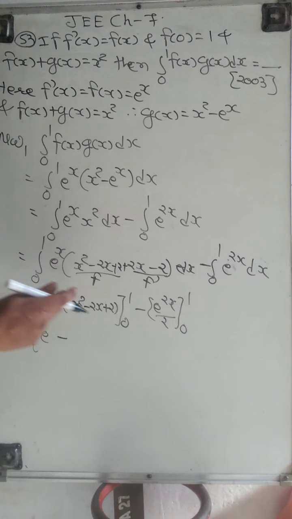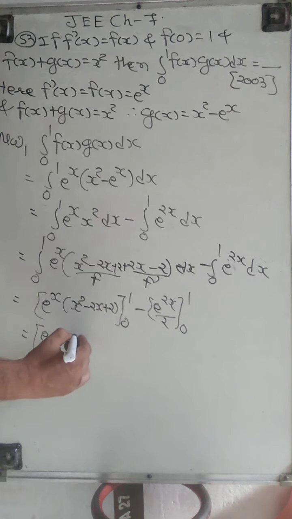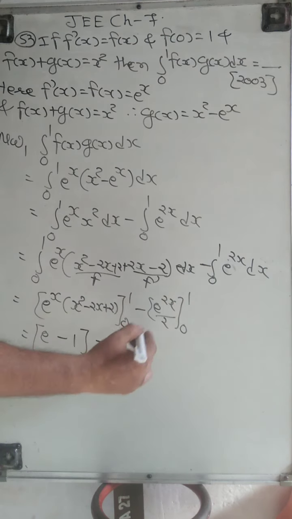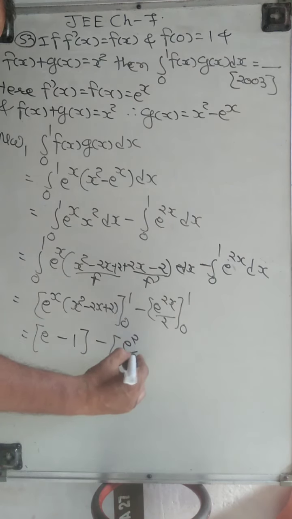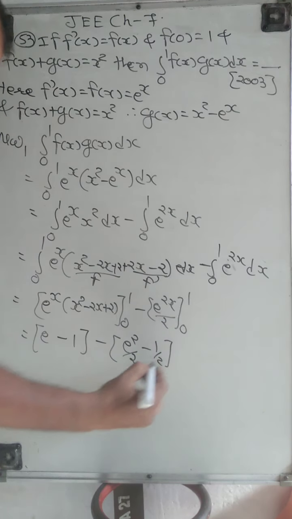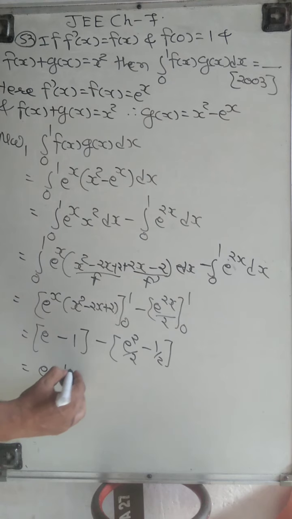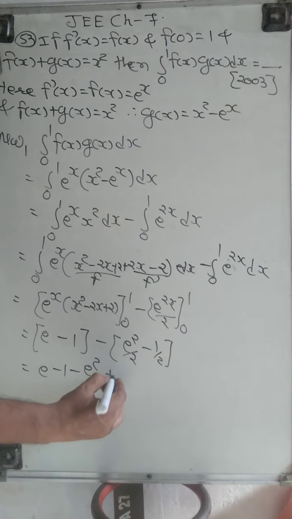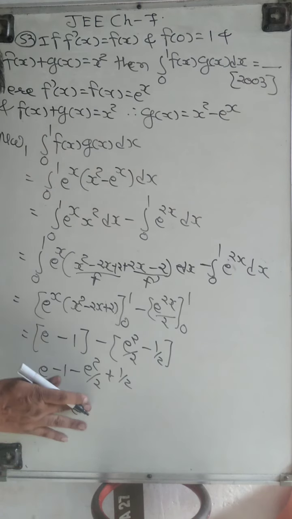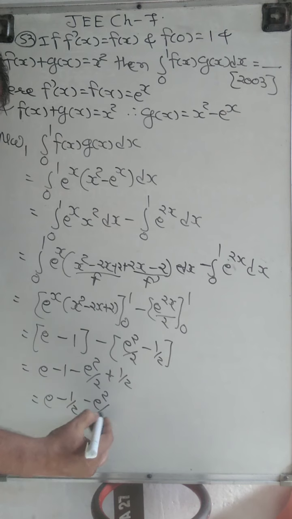E minus, when we put 0, then only 1 is there. Minus, here first we put 1, e square by 2 minus 0, then it is 1 by 2. So we have e minus 1 minus e square by 2 plus 1 by 2.